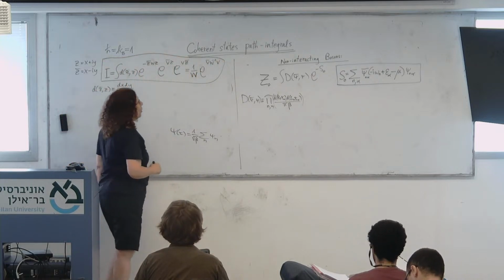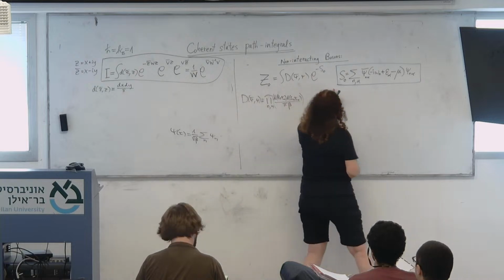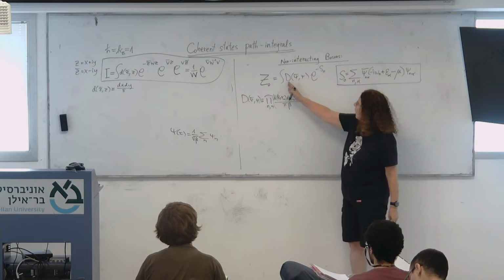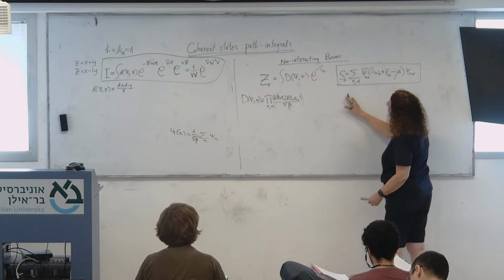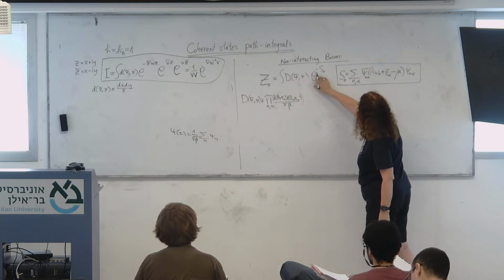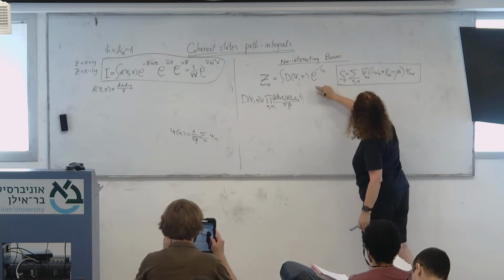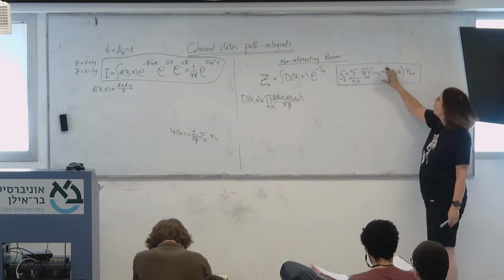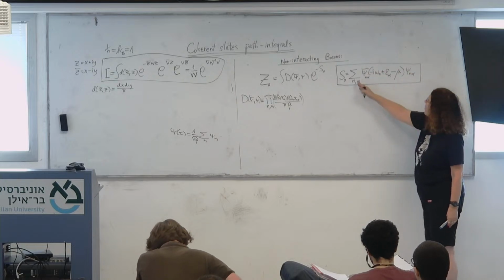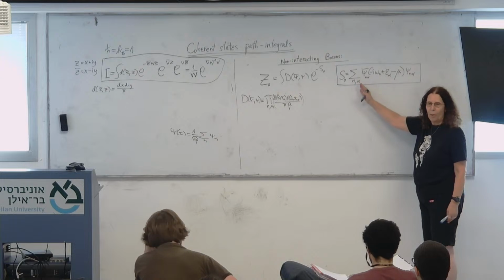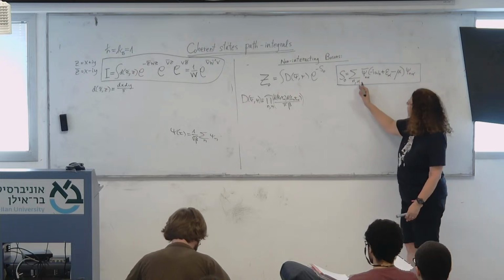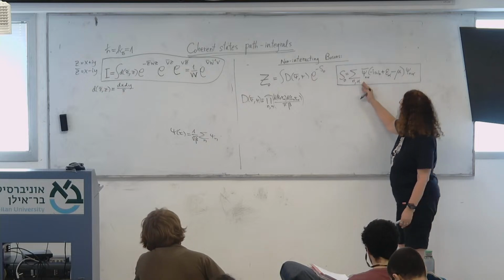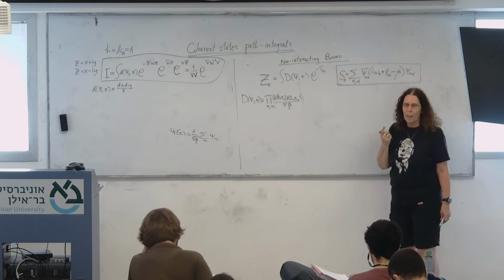Now, in our special case, what do we have inside the Z naught? In the exponent we have e to the minus a sum of such quadratic things, but because it's decoupled into a sum over all n and alpha, we can write it as a product over alpha and n of exponentials of a single variable.